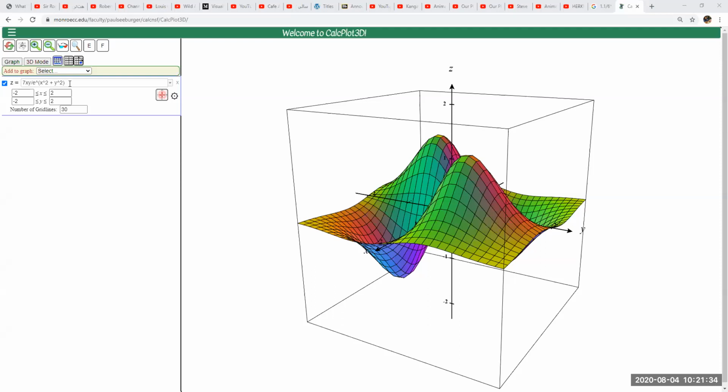So let me see how can we have the absolute value? Where is the absolute value?